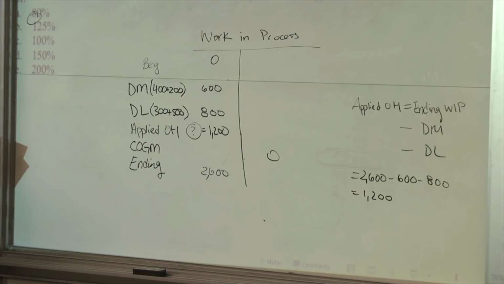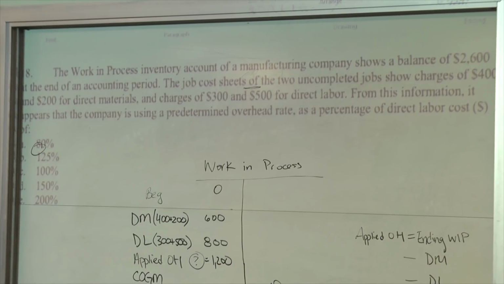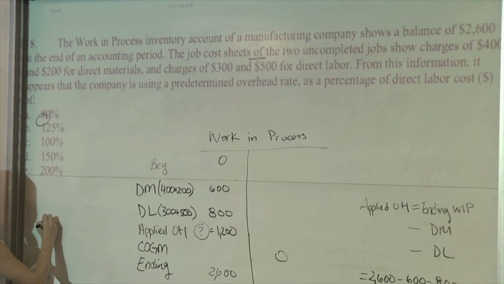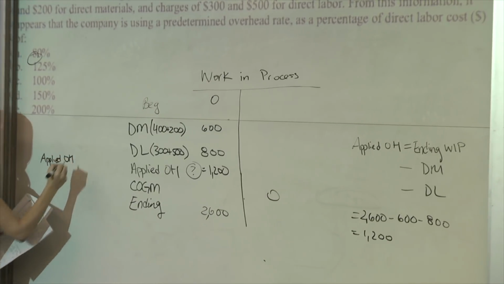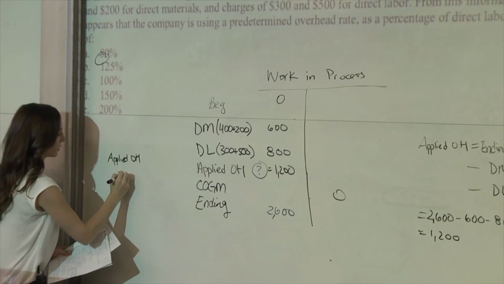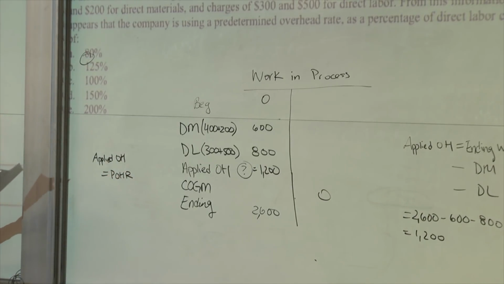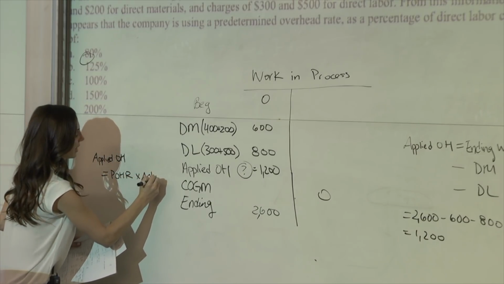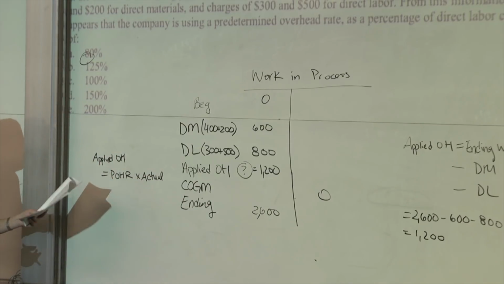The question is asking how we apply this overhead as a percentage of direct labor cost. That's the allocation base. So we know that applied overhead is always going to be equal to the predetermined overhead rate times the actual allocation base, the actual activity.